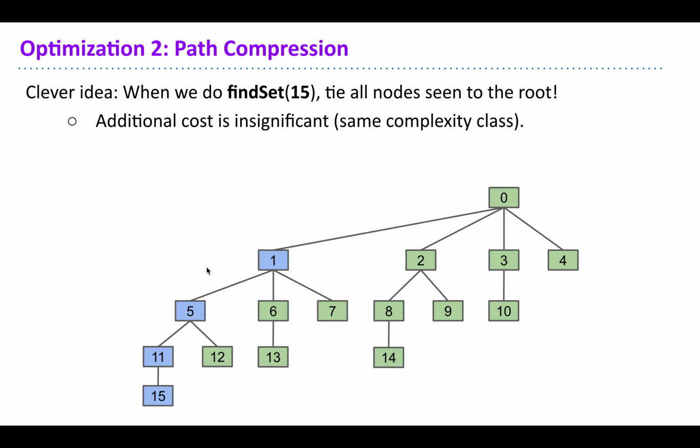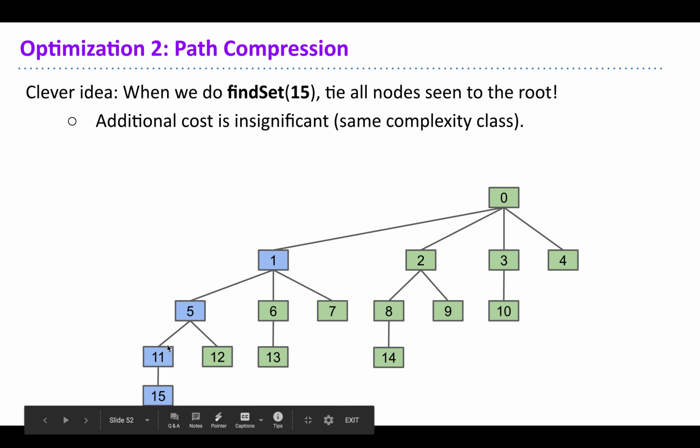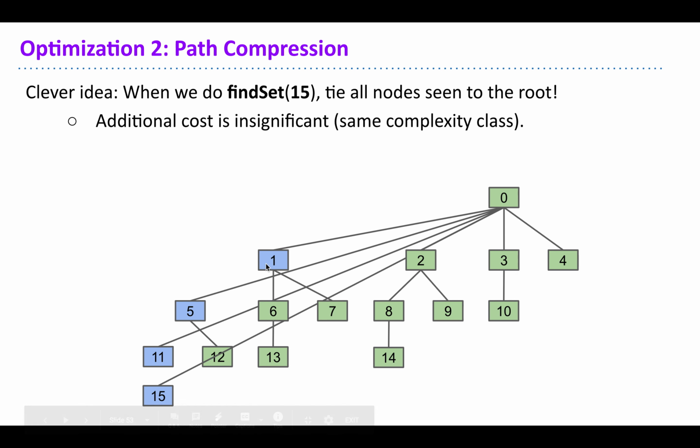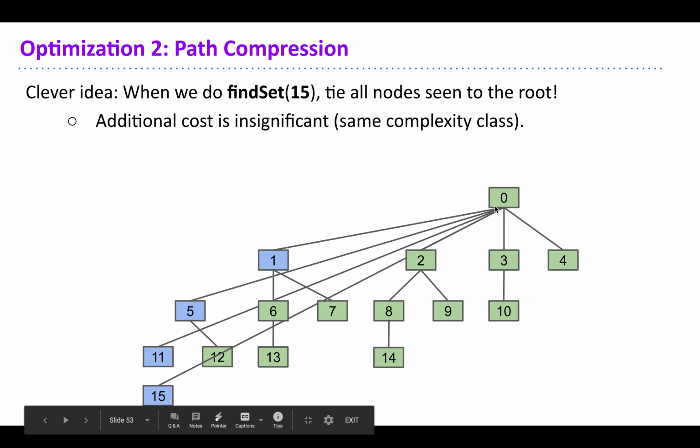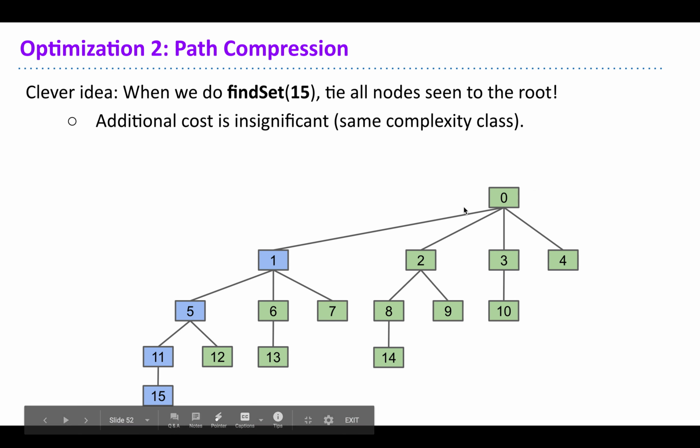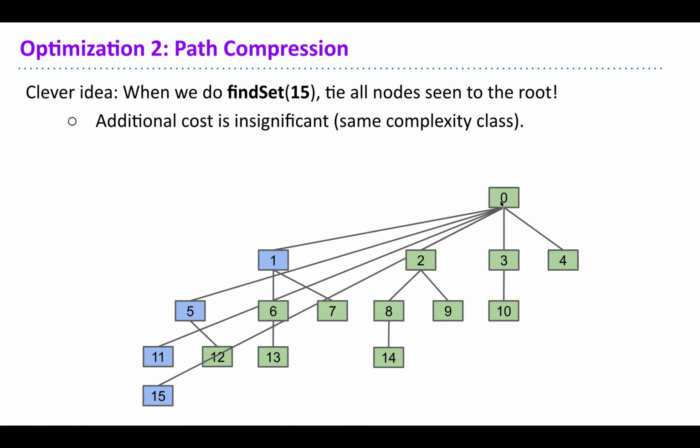What you're going to do is take all of the nodes along that path, every node that was hit along this path for the find set, and after this call, we're going to point all of those to the root. So as we're going up, we keep track of the nodes that we saw along the way, and then point them at the root at the end.